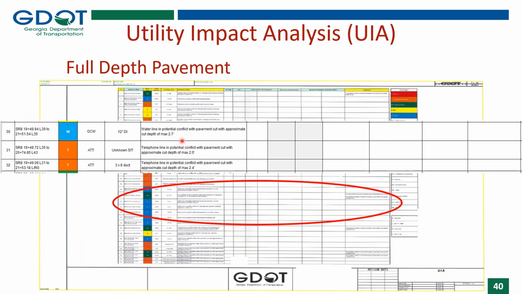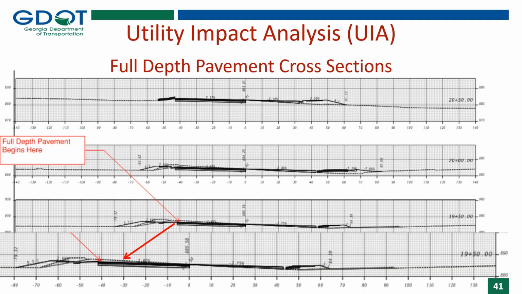And you see that the pavement cuts are a little bit different because of the location of these utilities when we looked at the cross sections. So here are the cross sections.